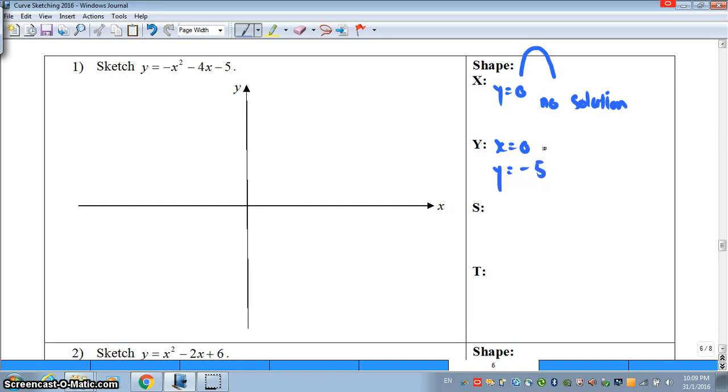Now, we have to find our line of symmetry. Since there is no intercept along the x-axis, there is no way we can make use of the average of the two intercepts over there. So we have no other choice but to do completing the square, which I'm going to do very quickly now.